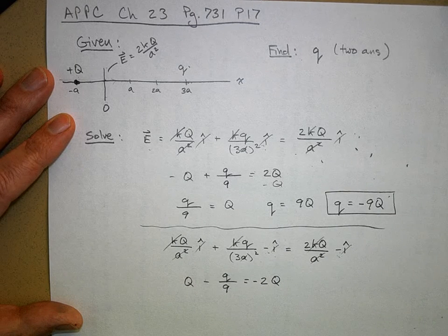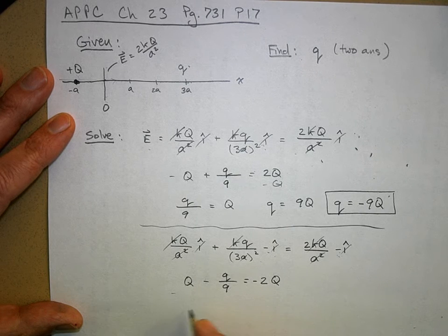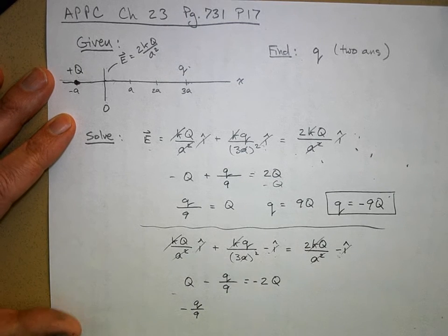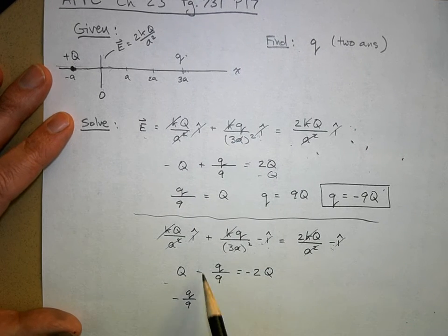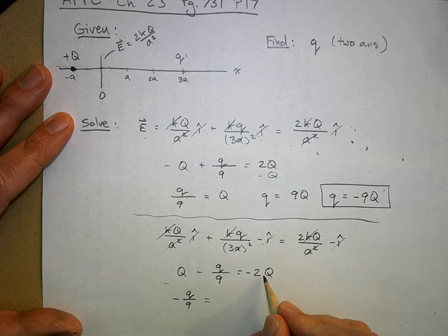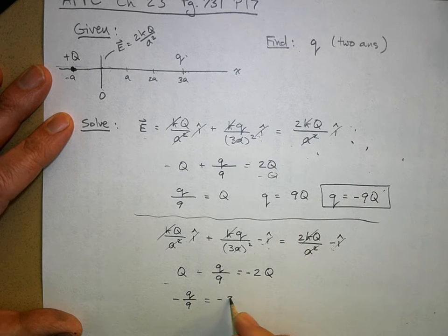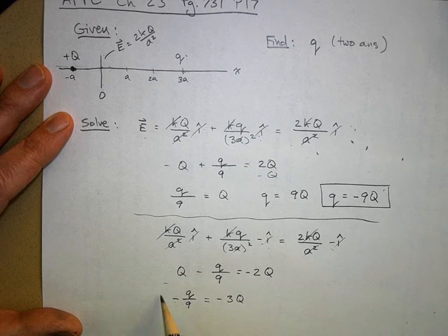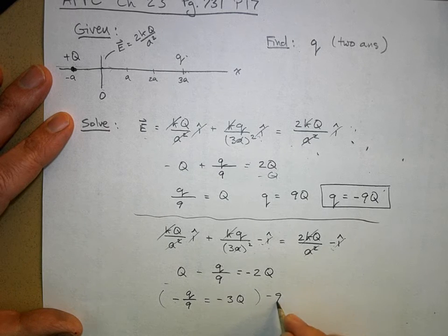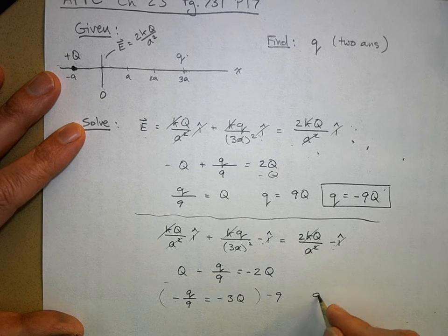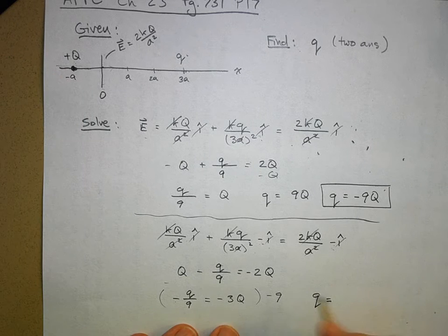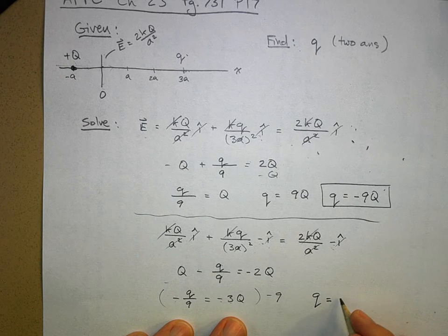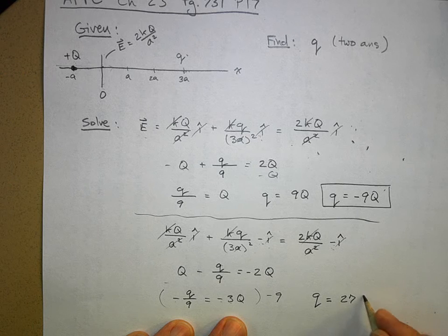Because we got the negative from that. So we're going to subtract q from both sides. So we get negative Q over 9. Got to make sure I keep my 9's and my q's straight. That's equal to, if I subtract a q, minus 3q, right? And so now I'm going to multiply both sides by negative 9, and I get Q is equal to negative 3 times negative 9, which is 27 times q.